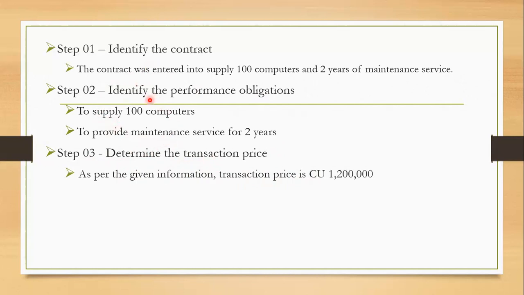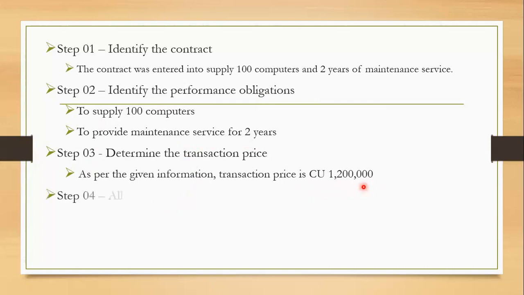What the customer has agreed to pay is the transaction price. In this given scenario, it is very straightforward. The agreed price by the customer is 1.2 million. So we have determined the transaction price for this scenario as 1.2 million.